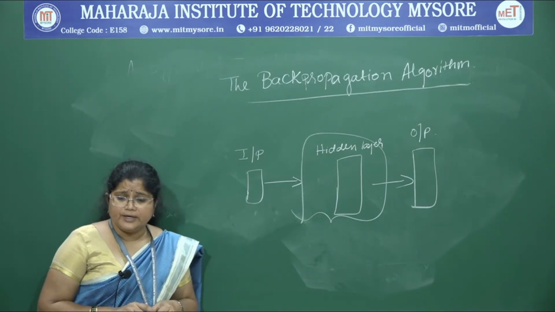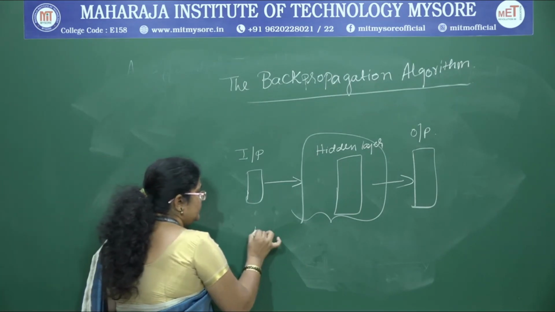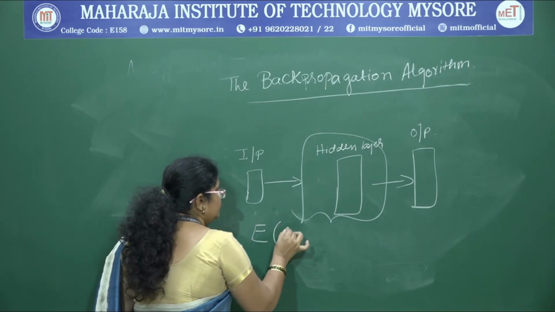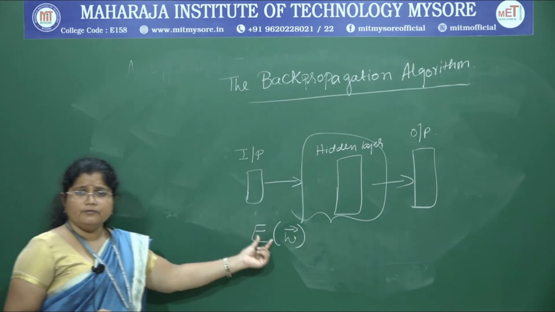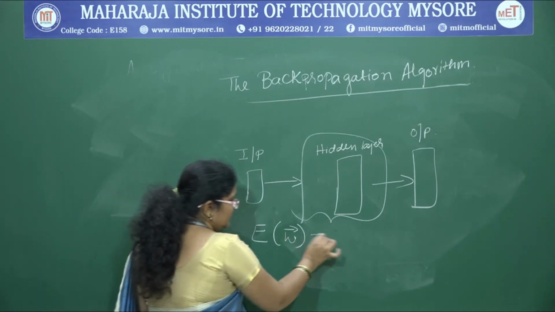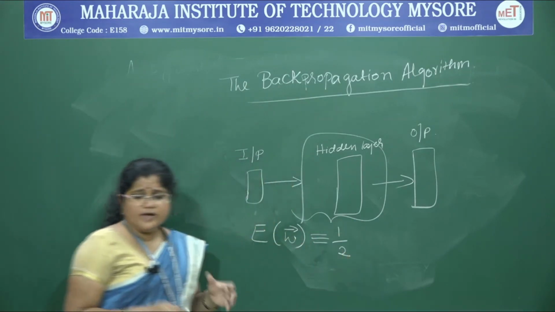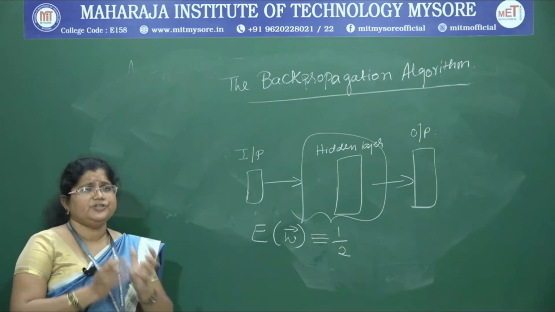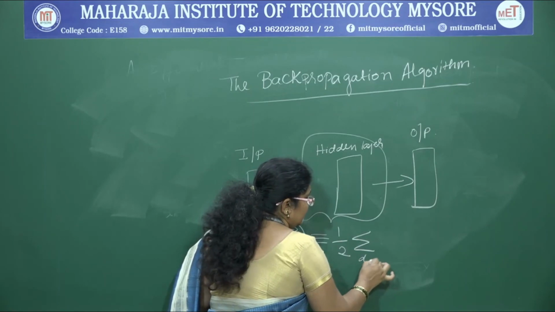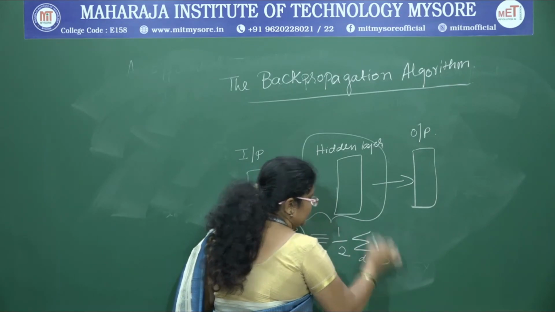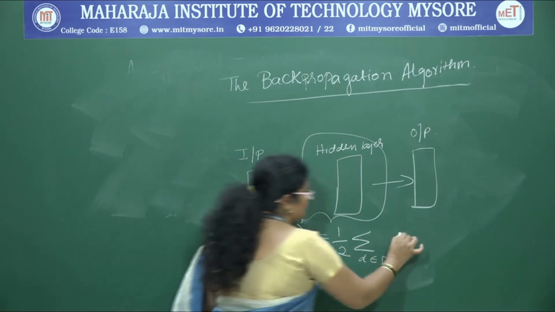That can be computed using the equation, error E of the weights is equal to half the summation of d belonging to D, where D comprises all the training examples. Next, the summation over k outputs.